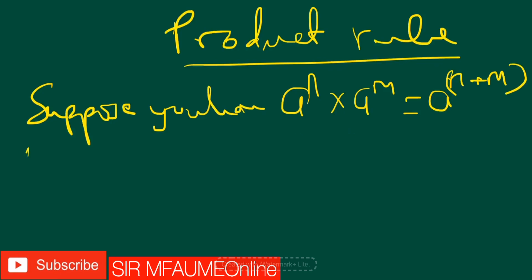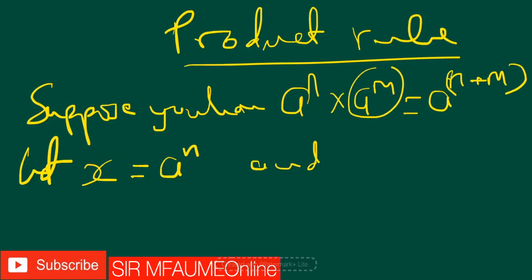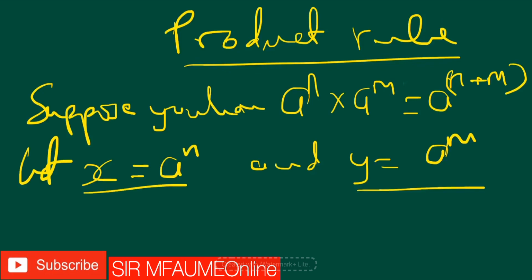Then let x be equal to a exponent n, and let y equal a exponent m. So now I have this one and also this one. Now try to convert this exponential into logarithm.